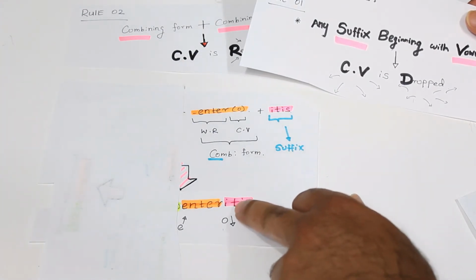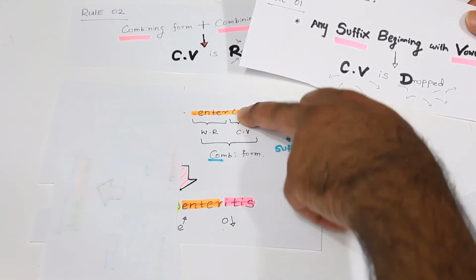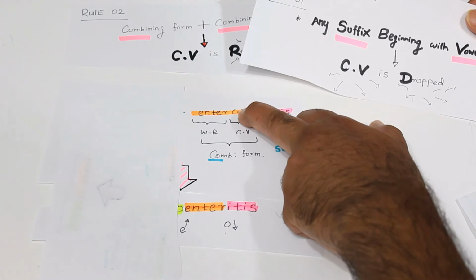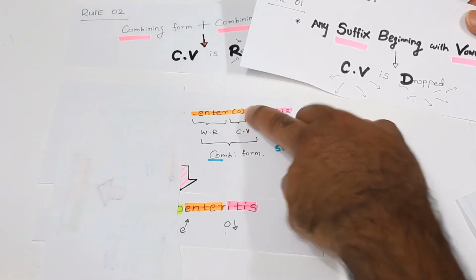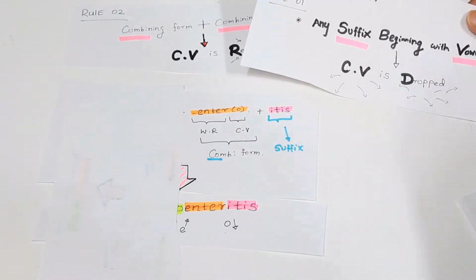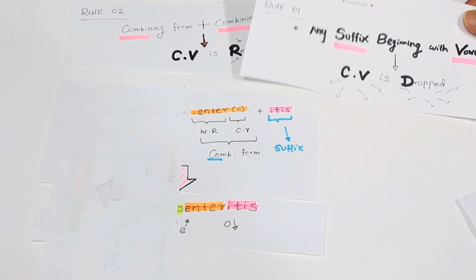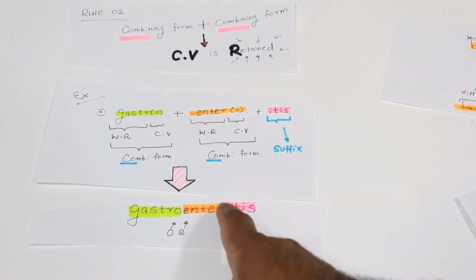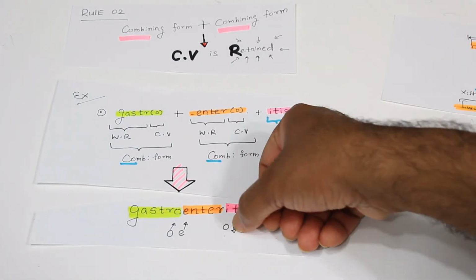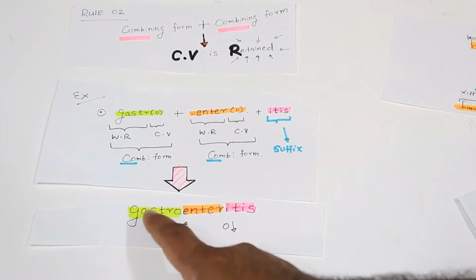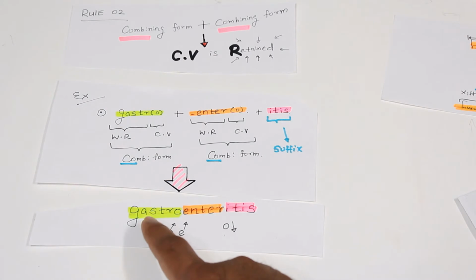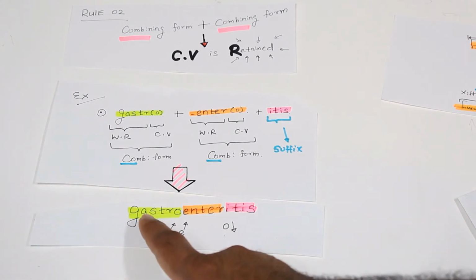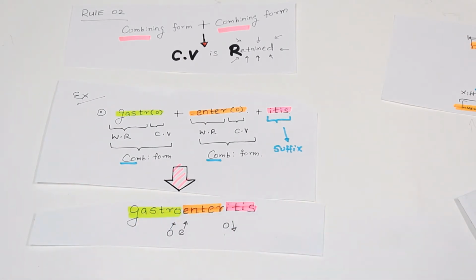So the O of enter goes out, and we end up with gastroenteritis.